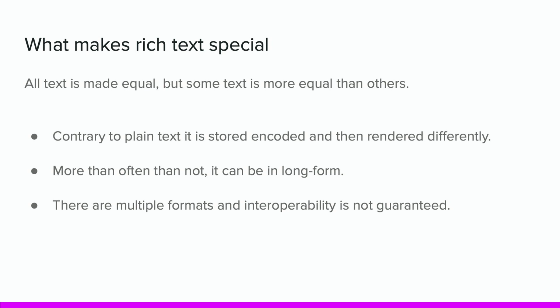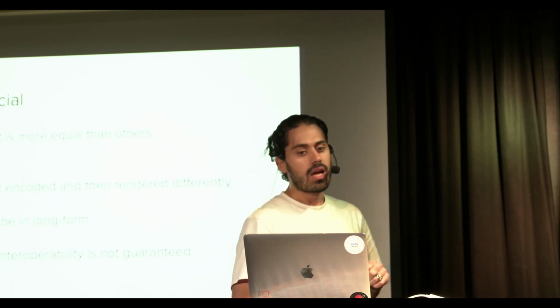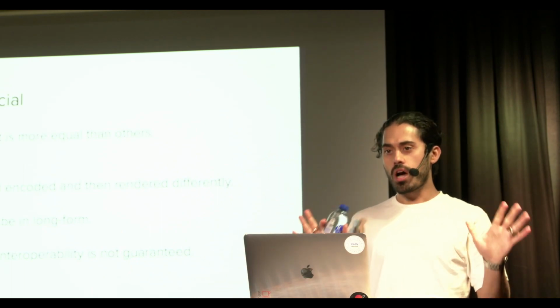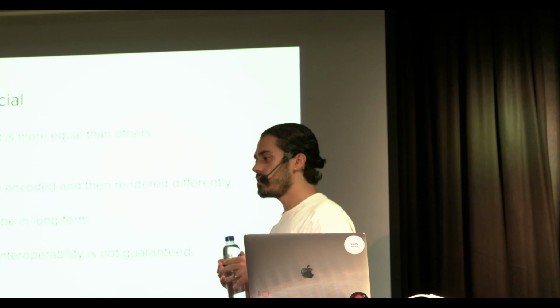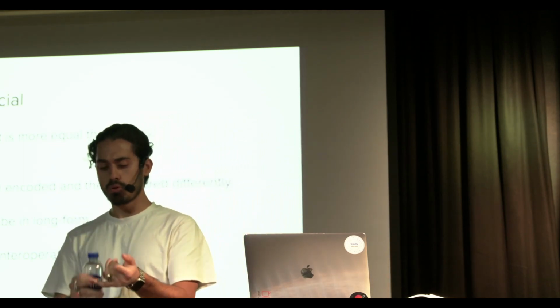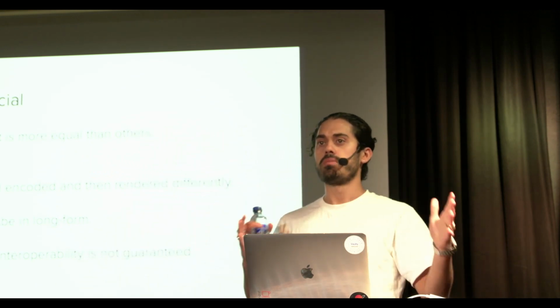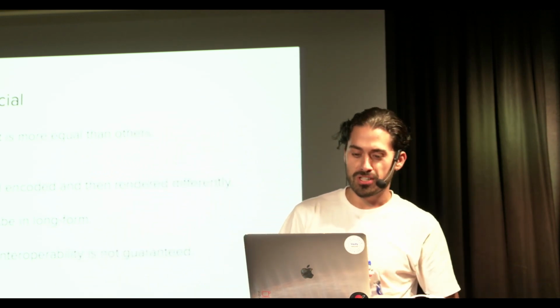With rich text, it's different. We have to store it in a way that we can understand how to display it to the user to achieve its goal. And more often than not, rich text is long form. This means that we use rich text to write books, articles, whatever is bigger than an email title, for example.